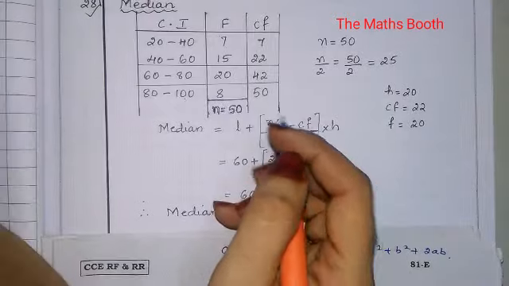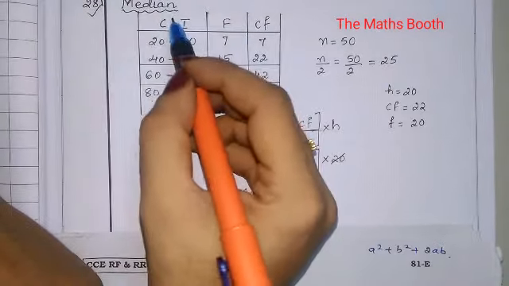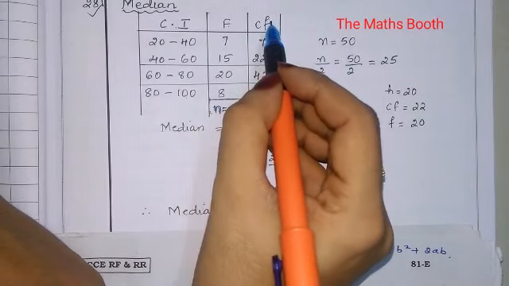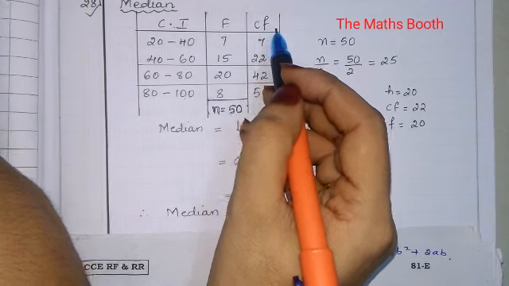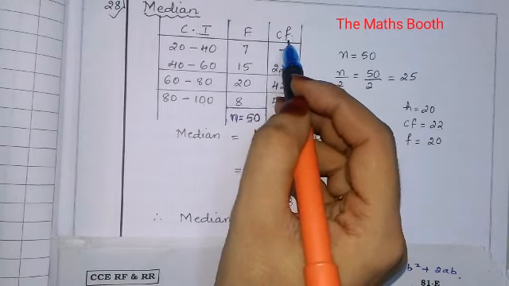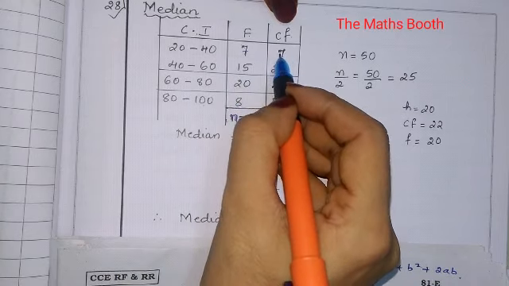Next step, we have to find the CF in median: class interval, frequency and CF tabulation. CF is nothing but cumulative frequency. How will we get it? The first number 7 we keep as it is.